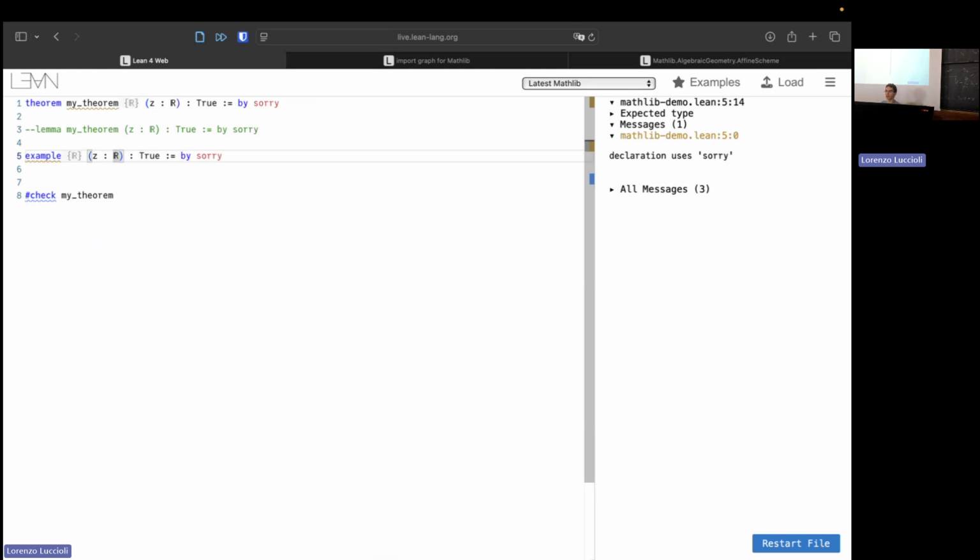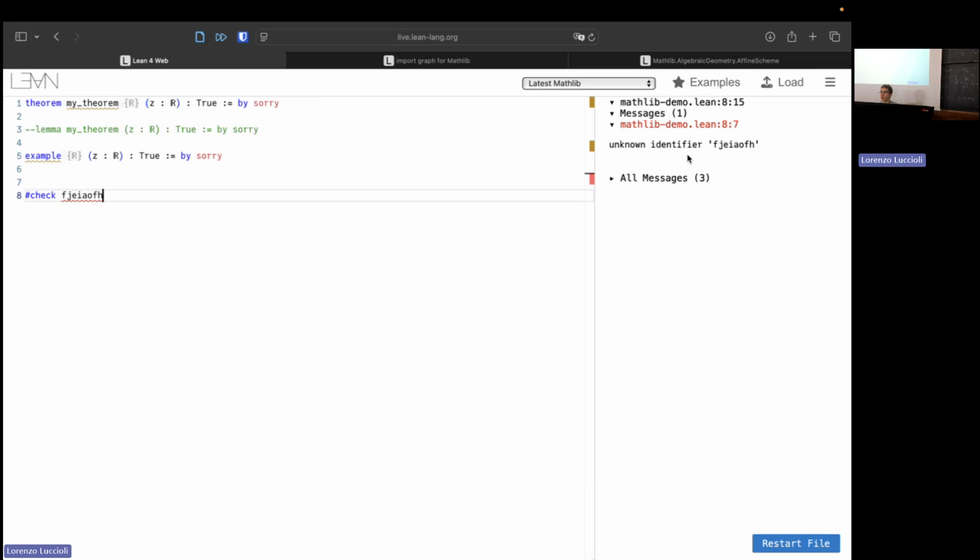So maybe I'm just trying to see if something is true. I'm not going to leave it in Mathlib, so I can avoid giving it a name. And my theorem is a name with which I can reuse the code I've written. So if I go here and I check my theorem, it's going to recognize it. Whereas if I write some random thing, it's going to say, oh, I don't know what this is.